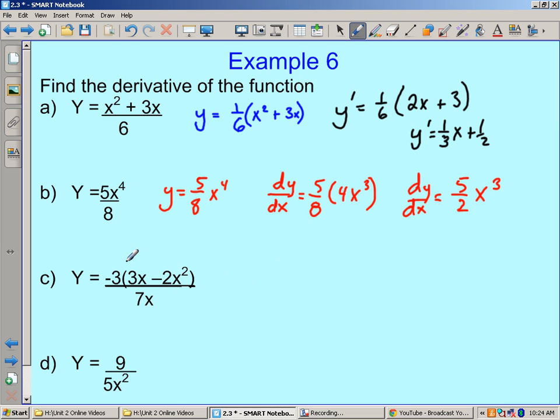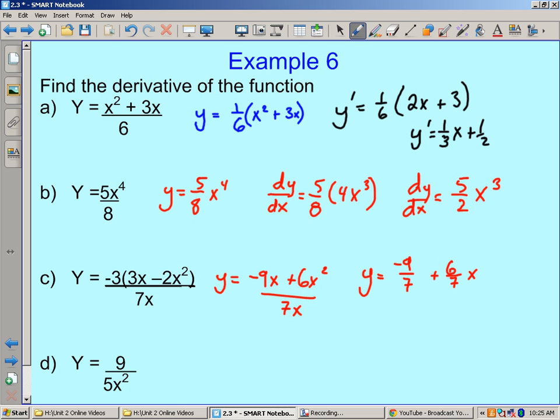So I'm going to do some math, distribute this thing and rewrite this a little bit. I'm going to say y is equal to negative 9x plus 6x squared all over 7x. And so now if I divide everything by 7x, you can see that my new problem would be y equals negative 9/7. The x's cancel out, and then over here it's going to be plus 6/7 x.